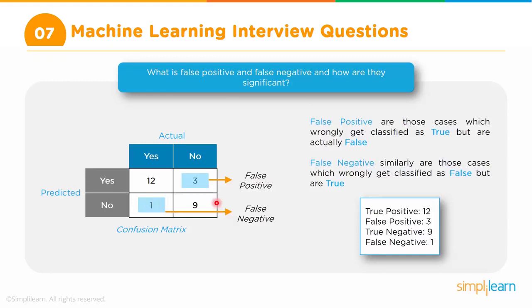So this is the way to look at false positive and false negative. In the same way, there can be true positive and true negative as well. Again, the second term you will need to use to identify the predicted row. So if we say true positive, positive we need to take for the predicted part. So predicted positive is here. And then the first term is for the actual.